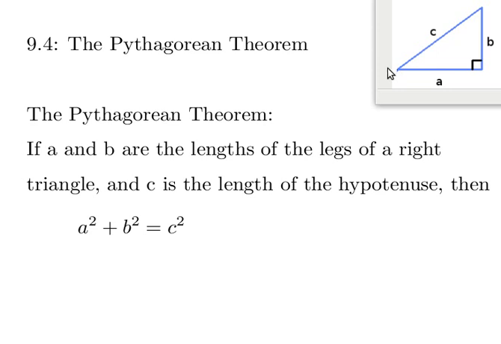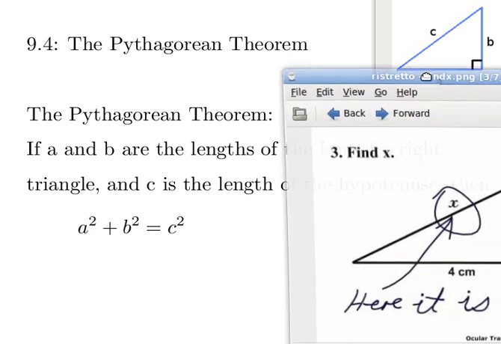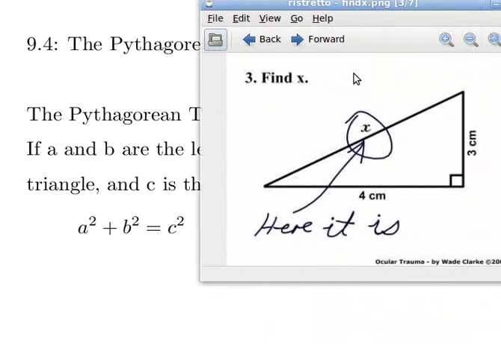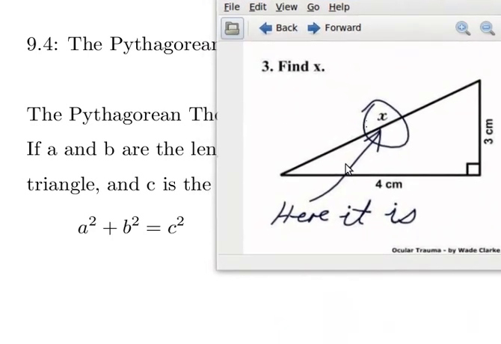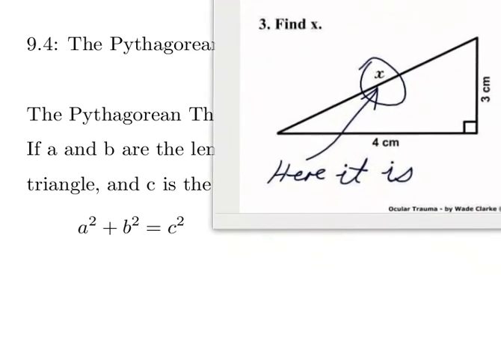That's kind of an interesting concept, and I'm sure you've seen this is a very big geometry problem. It's very common. And I'm sure you've probably seen this internet joke, find x. Well, here it is. Someone just circled x and said, there it is.